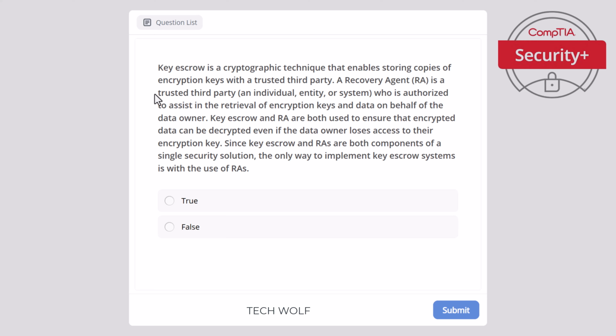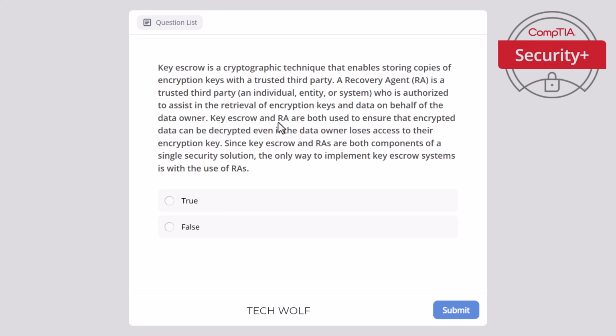And here is another question, where we need to state whether this statement is true or false. A key escrow is a cryptographic technique that enables storing copies of encryption keys with a trusted third party. A recovery agent, RA, is a trusted third party, an individual, entity or system who is authorized to assist in the retrieval of encryption keys and data on behalf of the data owner.